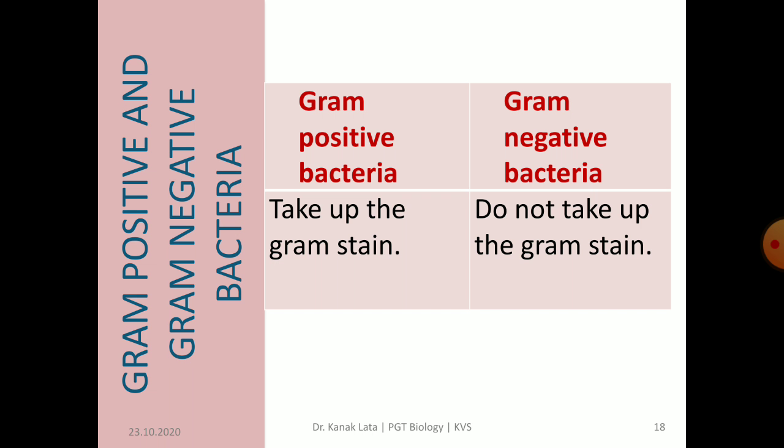Now we will see the difference between gram positive and gram negative bacteria. Some bacteria take up gram stain and others do not. Those bacteria which are able to take up gram stain are called gram positive bacteria, and those which do not take up the gram stain are called gram negative bacteria.